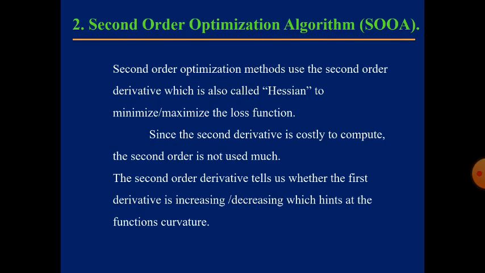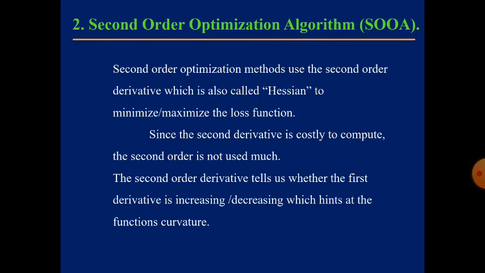Now we will see just two differences between the first order optimization and second order optimization. The first order optimization is easy to compute or easy to use, whereas the second order optimization is costly or expensive to compute. The first order optimization is less time consuming and works very fast on large data sets also.